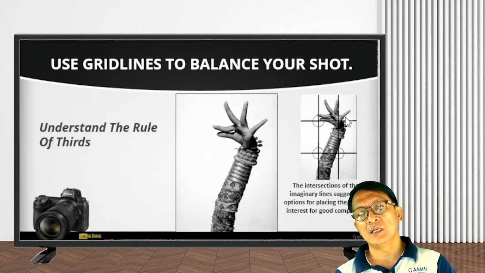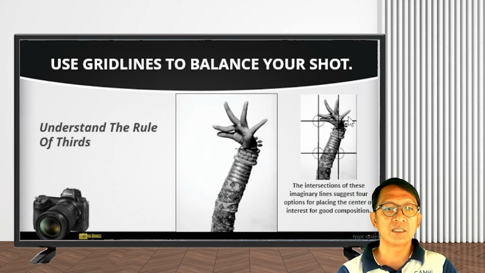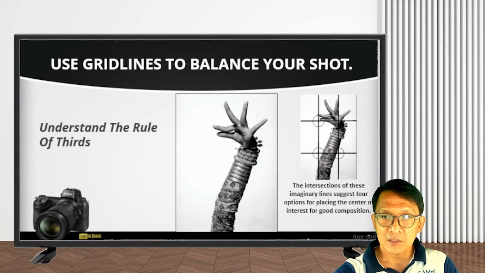So, with the imaginary frame in place, you should place the most important elements in your shot on one of the lines or where the lines meet. Okay, dito sa intersection na to, dito nyo ilalagay yung subject mo.